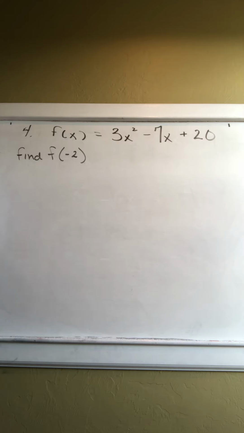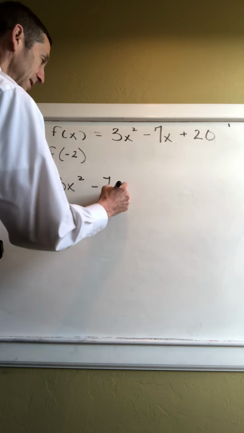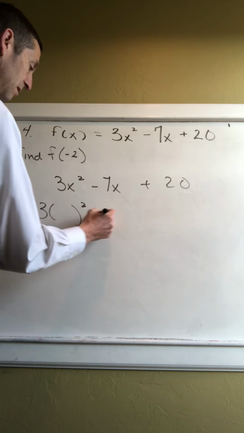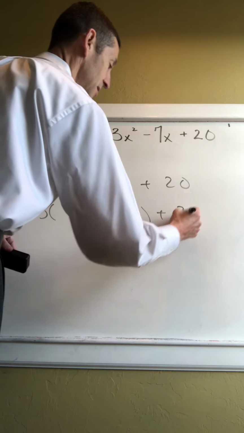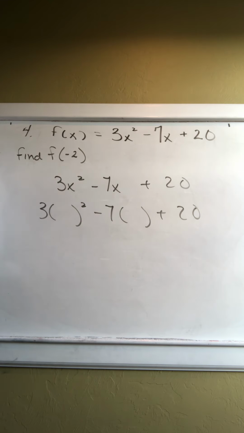All right, so our job now is we've got 3x squared minus 7x plus 20. You've got to account for both of these. So we have this x and that x. And if you have 2 x's, then you got to drop in for both of them. This time it's a negative number. Oh, a negative number. So we have a negative 2 that's squared and a negative 2 that's here. Uh-oh, this is going to be crazy.